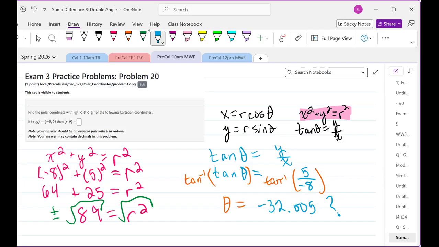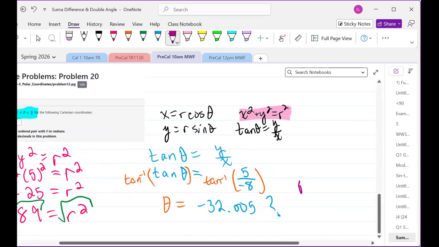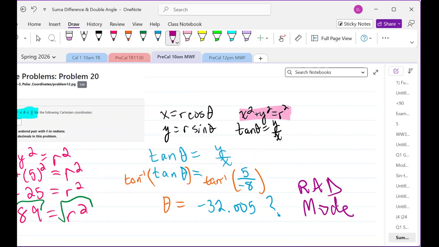Now I'm putting a question mark by that because the original problem's qualifications were that theta needs to be between -pi/2 and pi/2. -32 is a degree number, not a radian number. So to get the correct angle number here, I need to make sure my calculator is in radians mode.